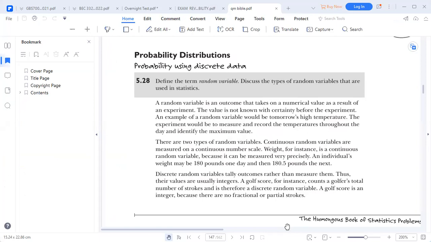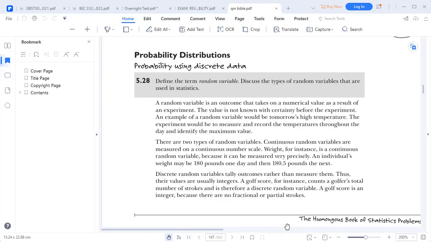We're going to look at what is called the discrete random variables. Now we can define the discrete random variable simply as an outcome that takes on a numerical value as a result of an experiment.